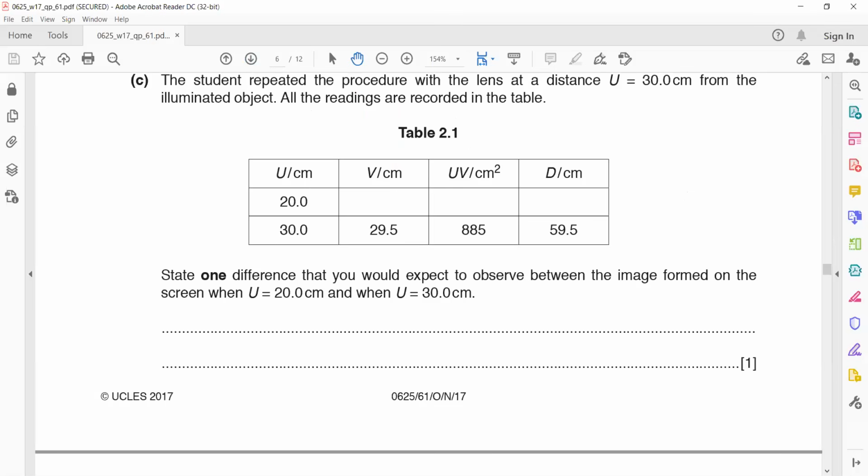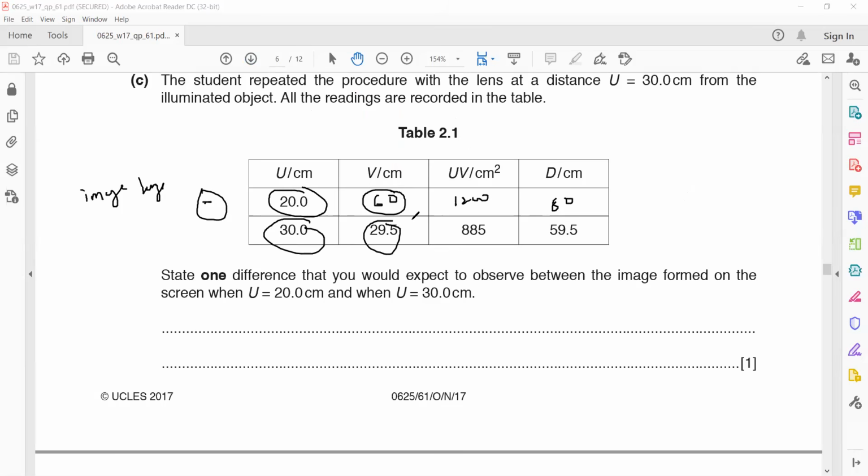In the question, as you work out the values of U and V, V was 60 here and D was 80 here. When I compare the first value, U is smaller and V is larger, so the image will be larger in the first one. But in the second one, U and V are approximately the same, like 30 and 29.5.